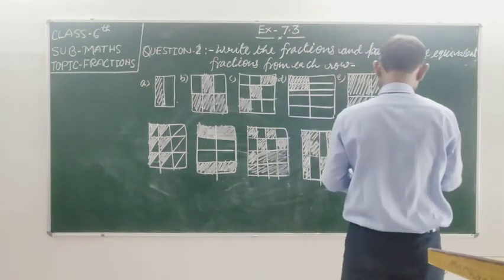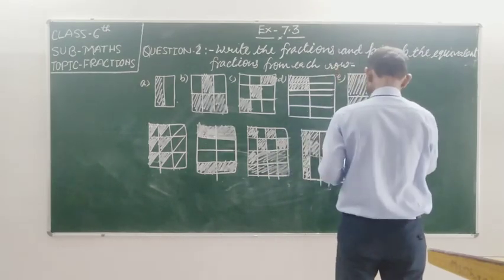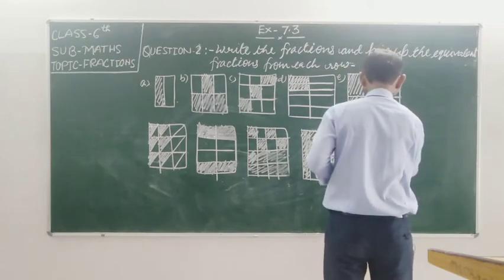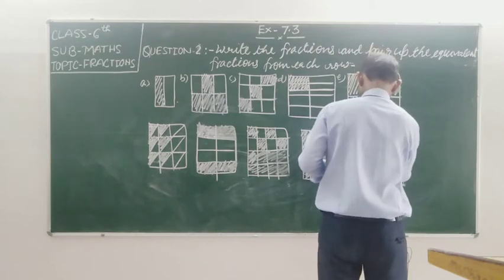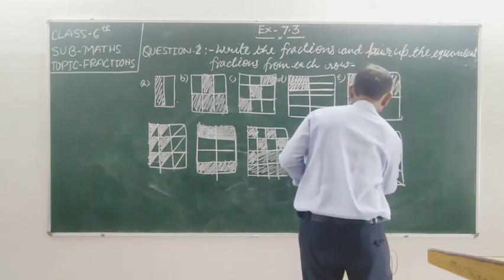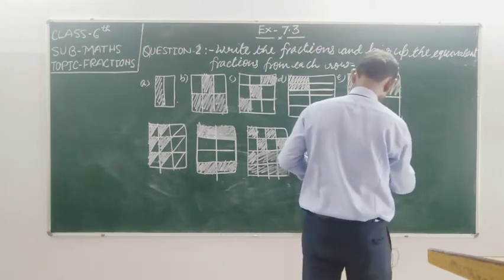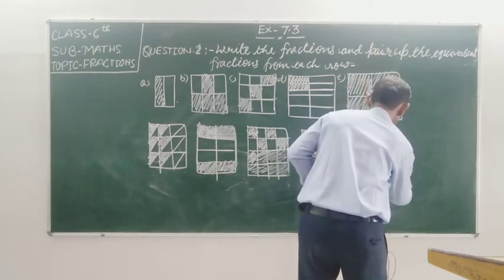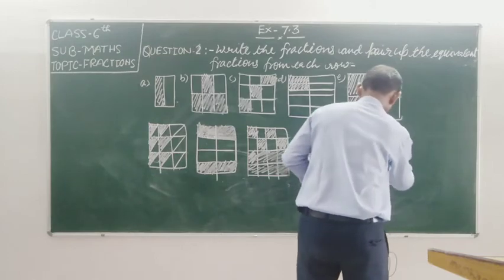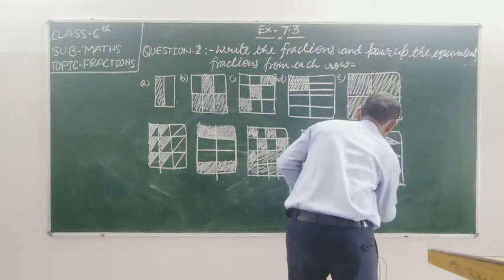Like this, and this part of the triangle is shaded, this part is also shaded, this part is shaded, and this one is shaded.